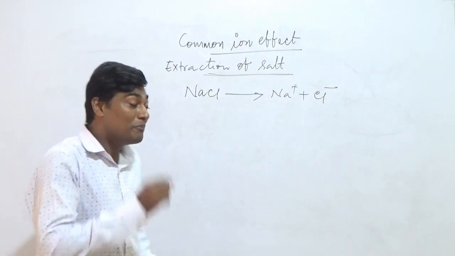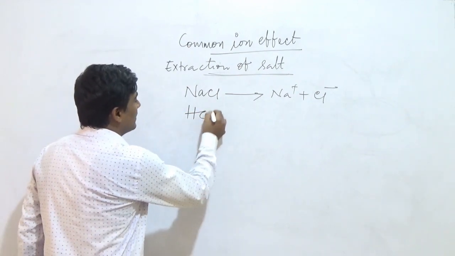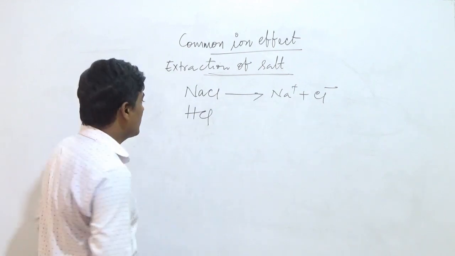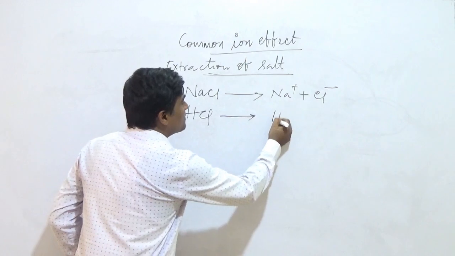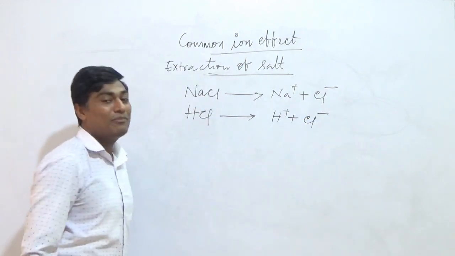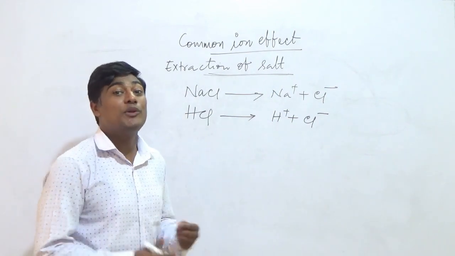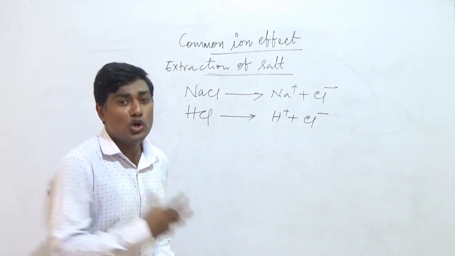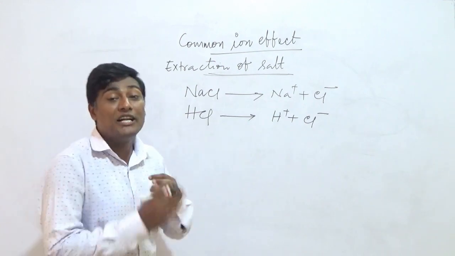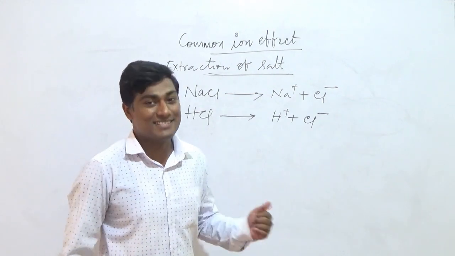But if we add concentrated HCl, a large concentration of HCl, to that seawater, it is dissociated into H+ and Cl-. When it was only sodium chloride, the ionic product value was not able to exceed the solubility product. But when you added hydrochloric acid, the chloride ion concentration is now much larger.